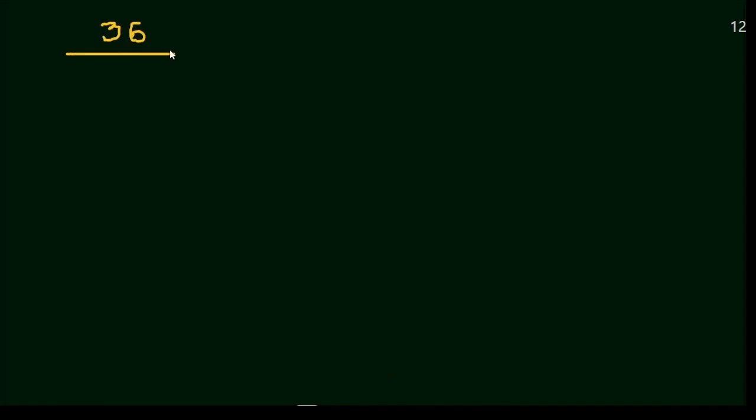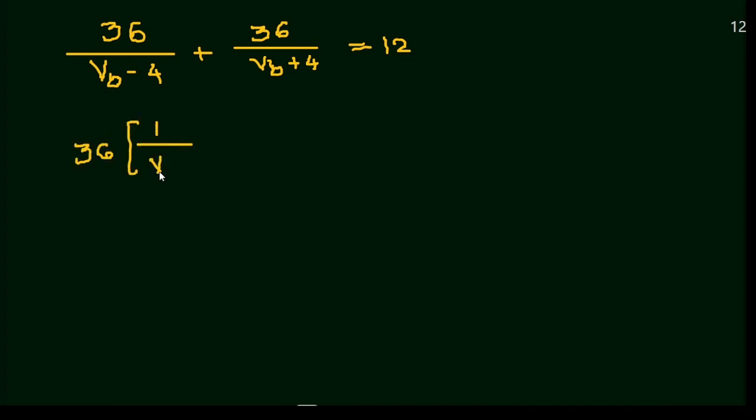36 kilometers by VB minus VR, right? We don't know VB, we need to find it. So VB minus 4, plus 36 by VB plus 4, is equal to 12 hours, right? Now just take 36 common, and the remaining is 1 by (VB minus 4) plus 1 by (VB plus 4) equals 12, so 12 ones and 12 threes.